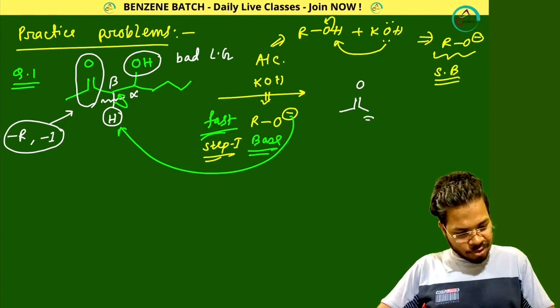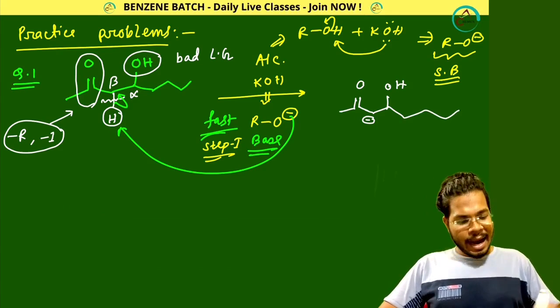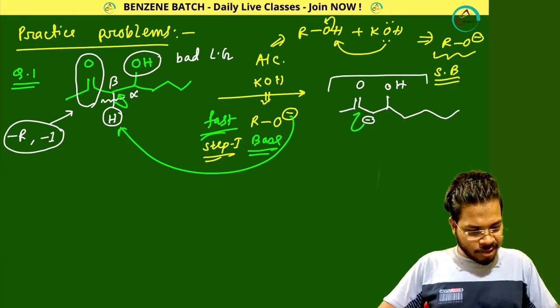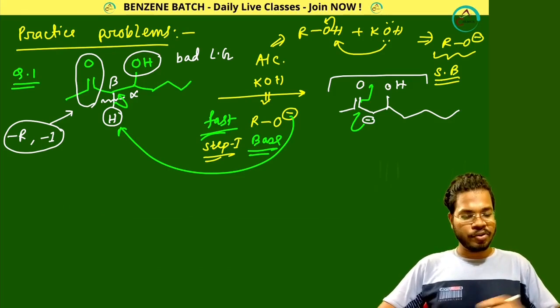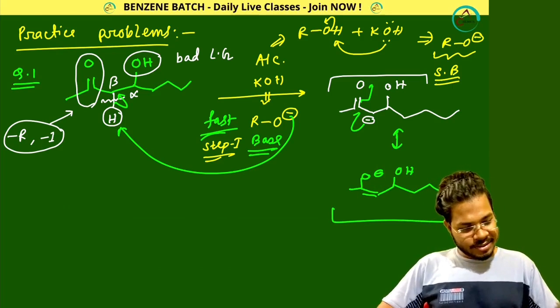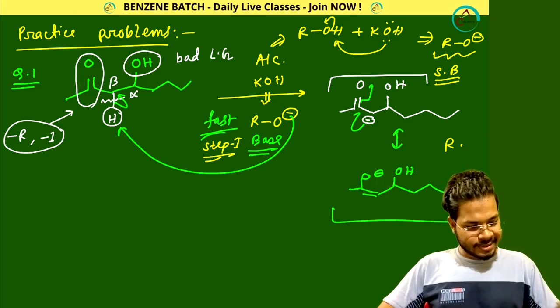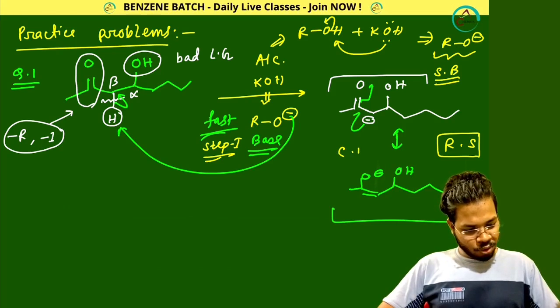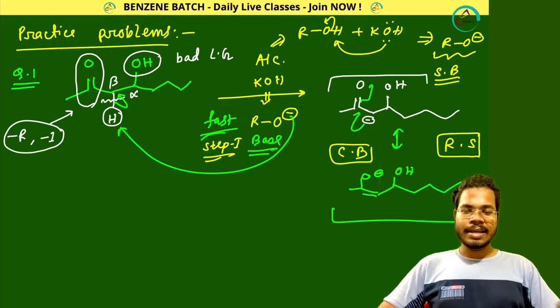Here I have the leaving group, which is a bad leaving group. This negative charge is generally neutralized because it can participate in resonance with this group that shows the electron withdrawing effect. This is an RS, resonance stabilized carbanion, or conjugate base.